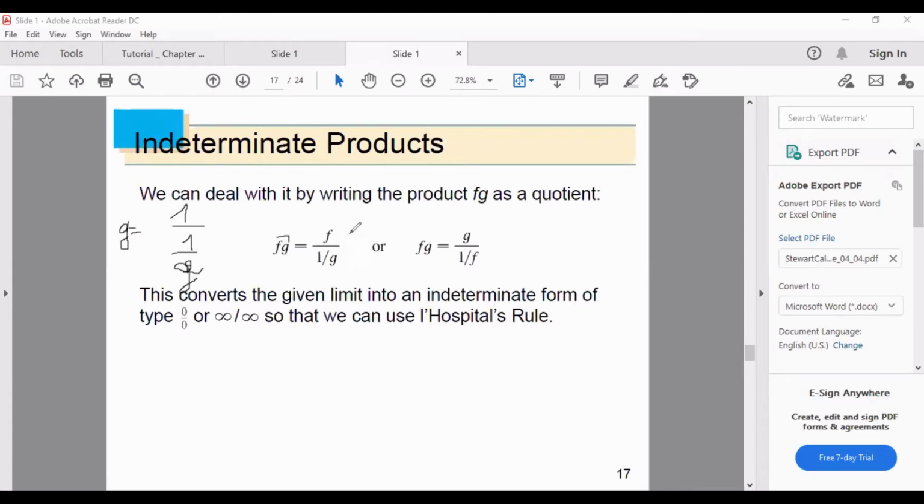When we use this way, we can write f times g as f divided by 1 over g, or g divided by 1 over f. Which one do we have to choose? It depends on the situation. Anyway, we can use the first or the second. However, we have to use the best one. What that means, we are going to look at later.